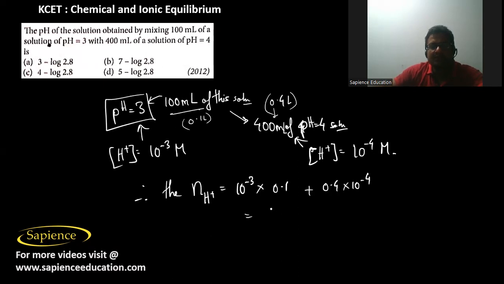So this will be 10 power minus 4 plus 0.4 into 10 power minus 4, that is 1.4 into 10 power minus 4 moles.